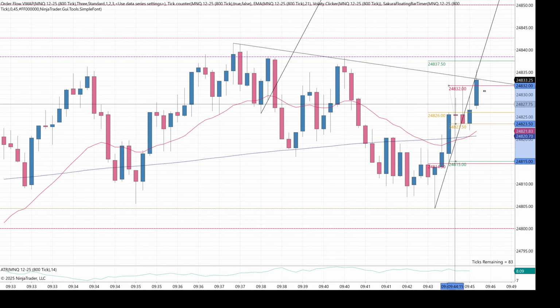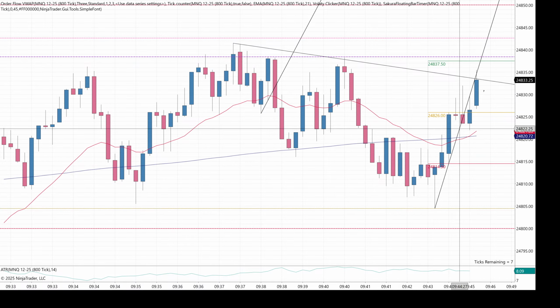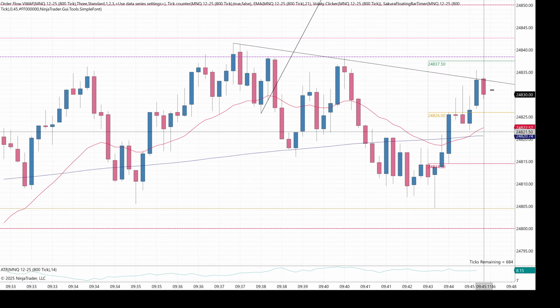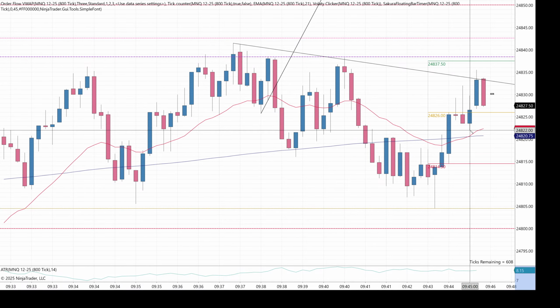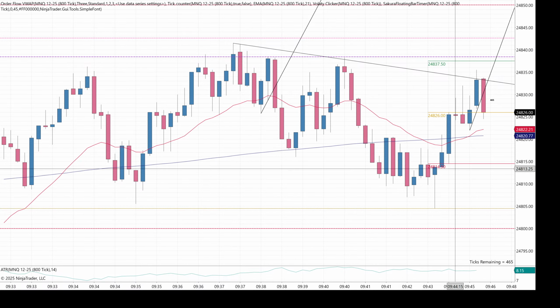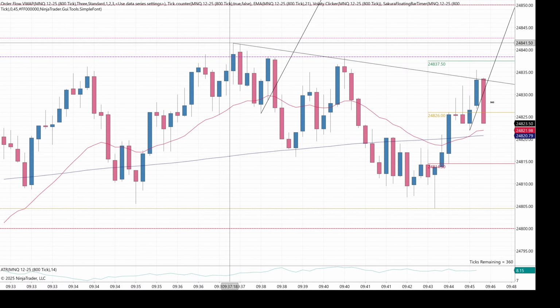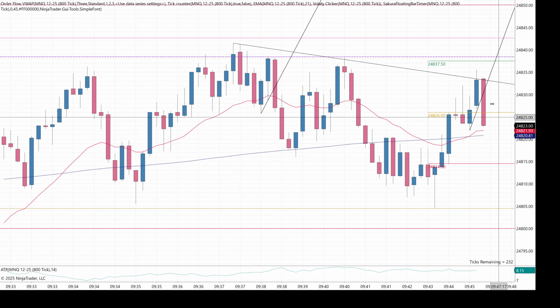Okay, bearish trigger is out. We're still in the bullish trade. We're definitely rejecting off this downward trend line here.